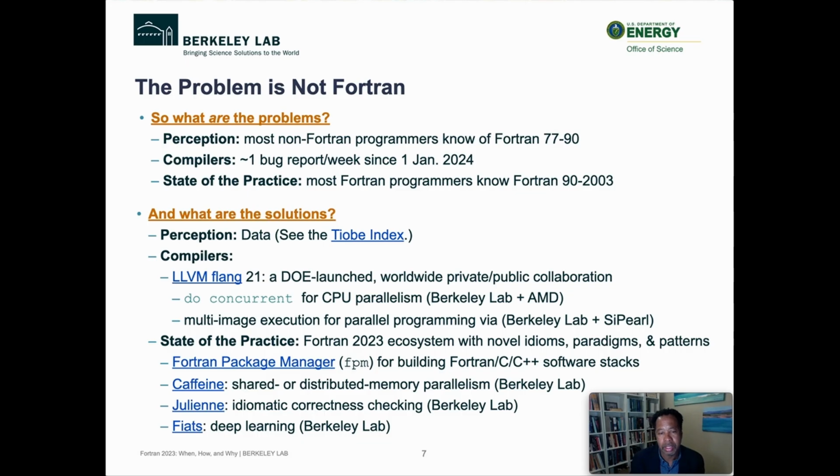You can do all of this without MPI anywhere in the source code, without OpenMP, OpenACC, CUDA, the tools that are oftentimes used for loop level parallelism. And all of this was launched on largely DOE funding through a worldwide private-public collaboration.